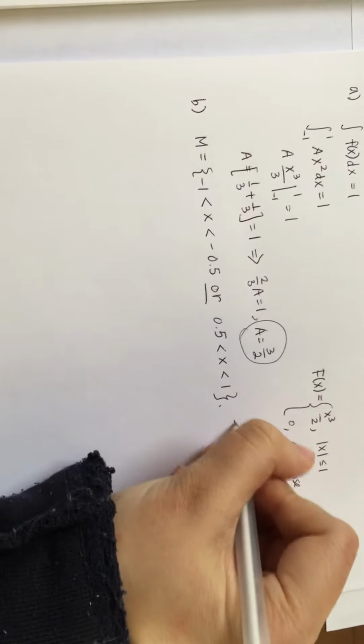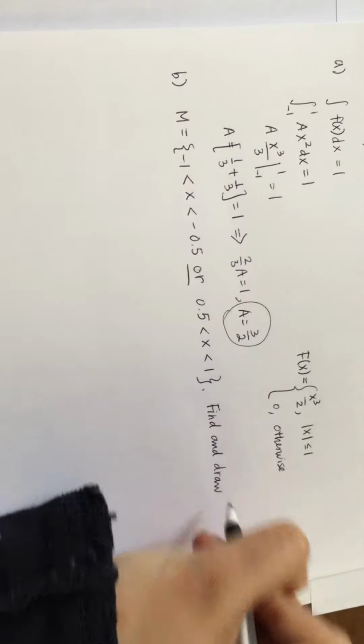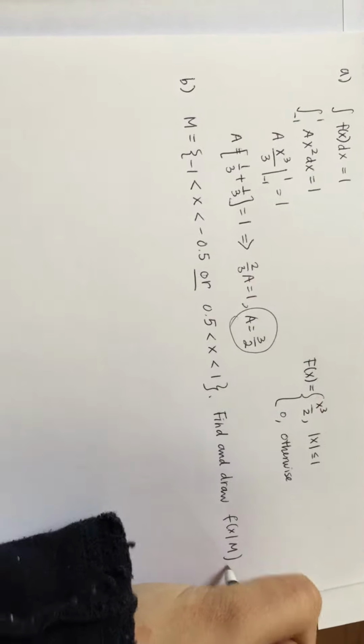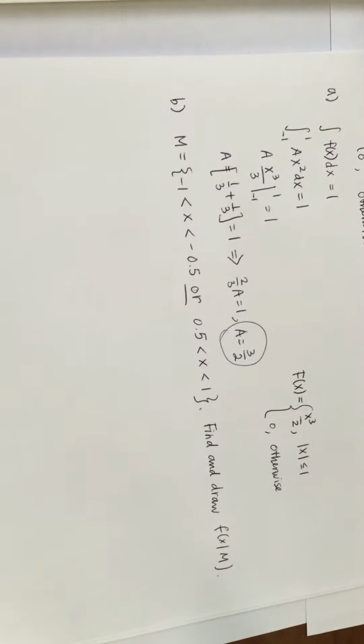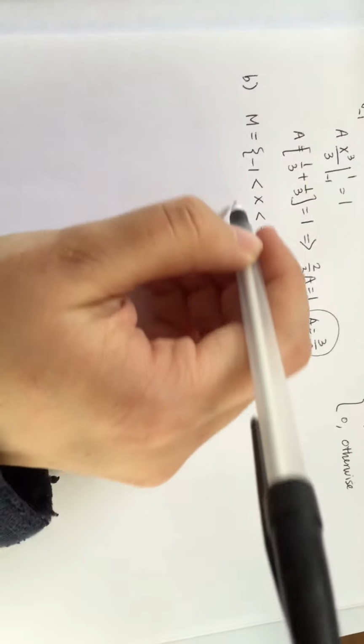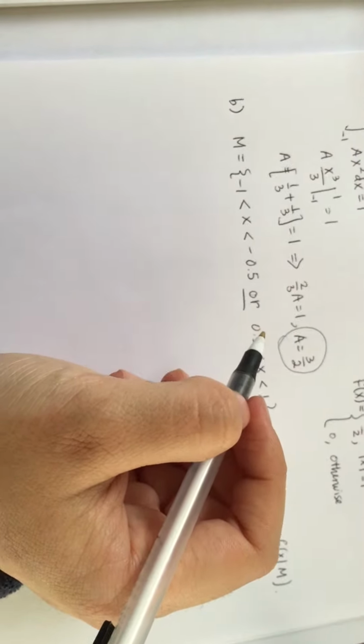And then we have to find and draw this f of x on the condition of m. How we do this is in 2 parts. Actually, it only takes 1 step, but we want to verify.